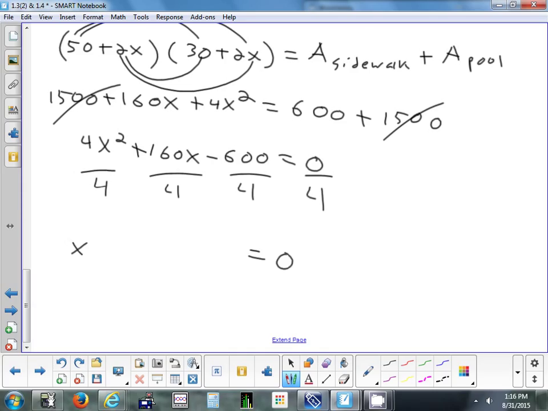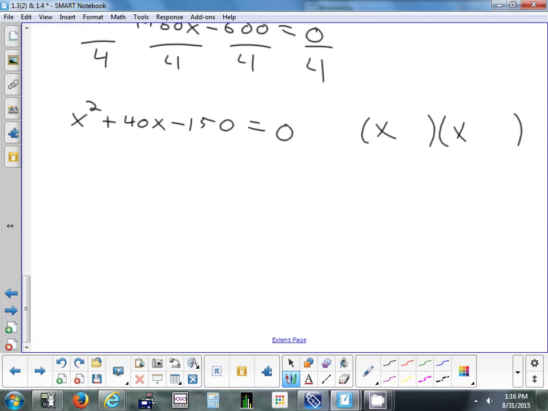Okay, so that leaves me with x squared plus 40x minus 150. Now, I'll tell you it doesn't factor. So if you tried to, it doesn't factor very nicely. So what did I say the other way you could do it besides factor?